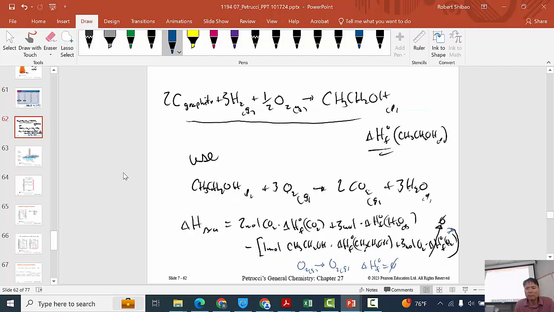We burn it in the bomb, and then we get QV. From QV, here, we could burn this in a bomb. We could get QV. And then from QV, we could get delta U. But let's see, is there work in this particular reaction?